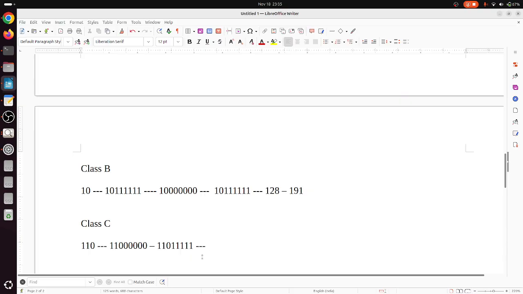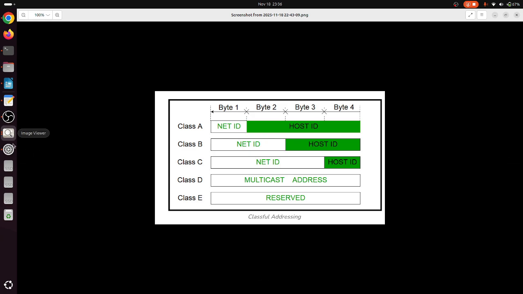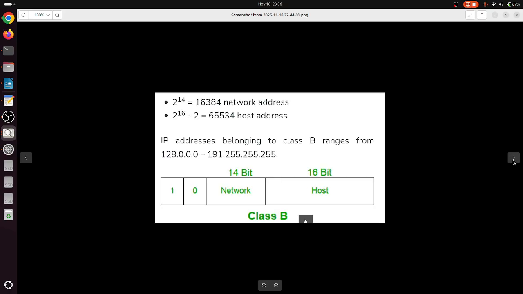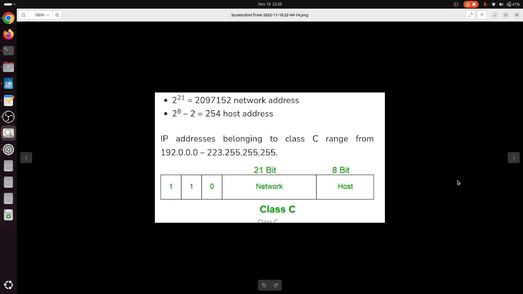If we expand back, the number is equivalent to 192 to 223. It is until 223.